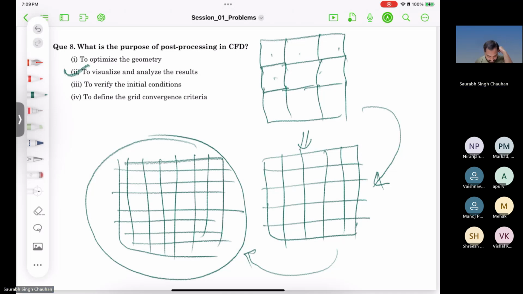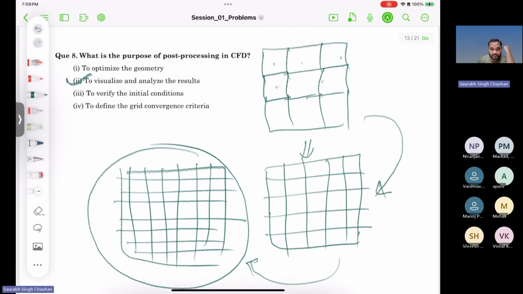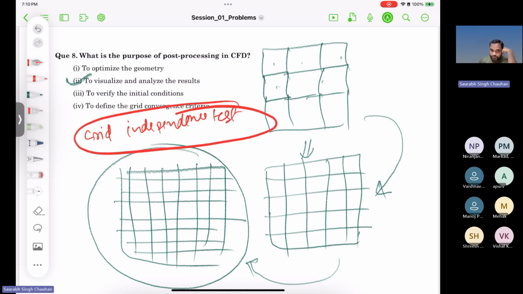So the result should converge with the cell size. So that's what we mean by this. So there is something called grid independence test. This grid independence test you should do whenever you are doing a CFD analysis, right?